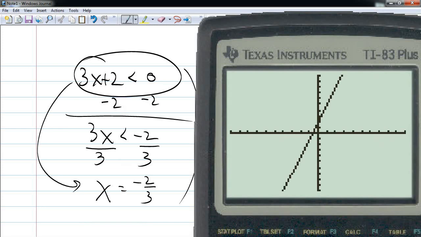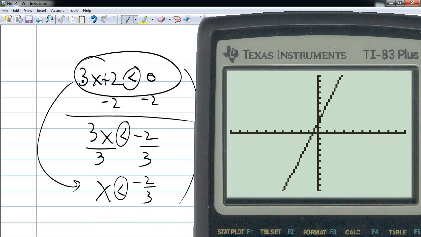And it just so happens that we get lucky, and if we maintain this inequality through the problem, that's actually the range of x values that give us negative results in this case, because it's less than 0.